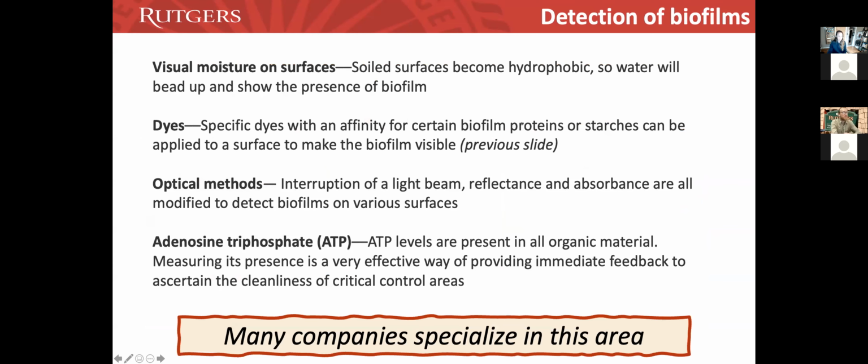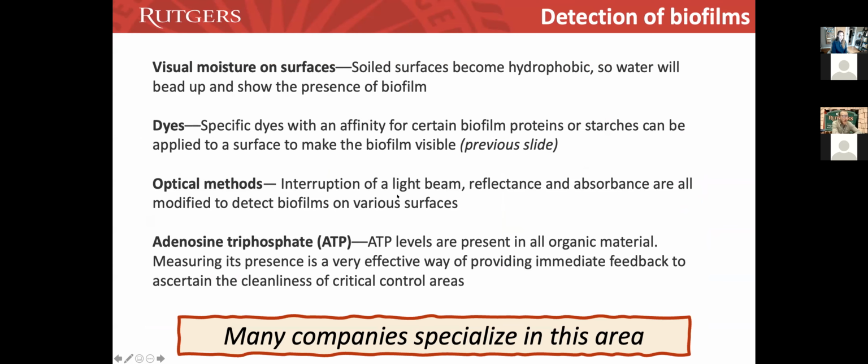So visual moisture is something that's useful when observing biofilms. Biofilms make surfaces hydrophobic, and you might not be able to see a mat of bacterial growth, but you'll see water beading up in places where it would typically disperse onto the surface. Dyes, like we talked about prior.